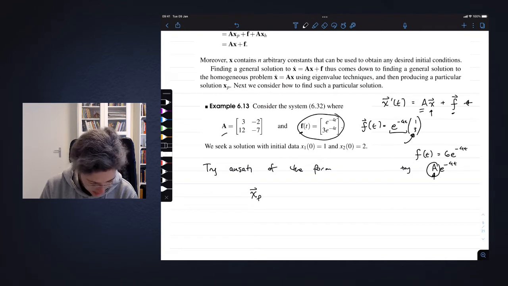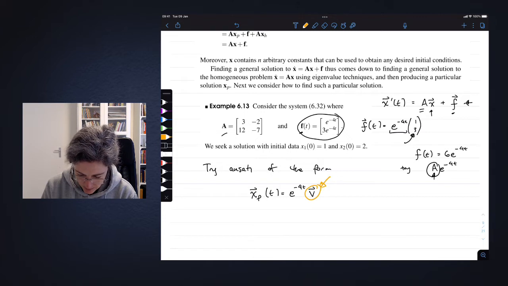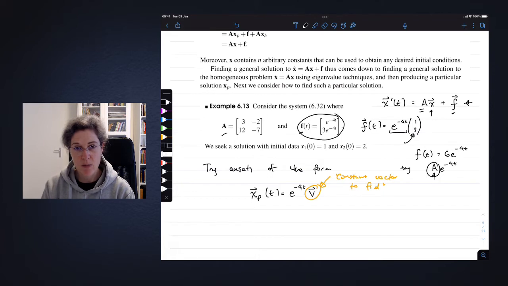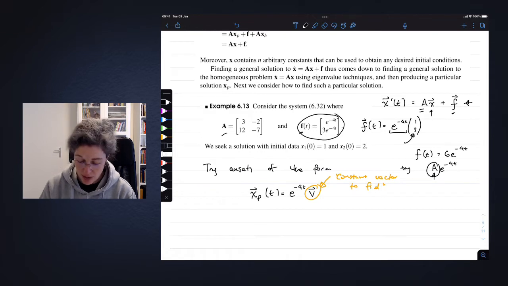I'm going to call it my particular solution is going to be e to the minus 4t times some v. And this v is the thing we want to find. This is the constant vector to find. So we're using exactly the same method that we did for single DEs. Now we're just having to find a constant vector instead of just a constant scalar.